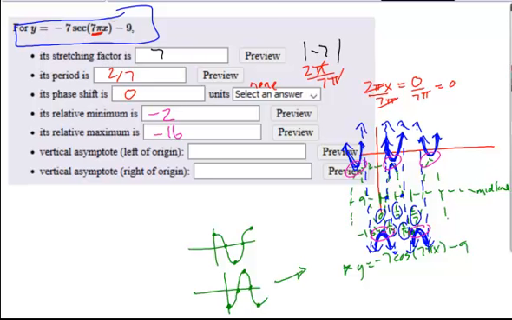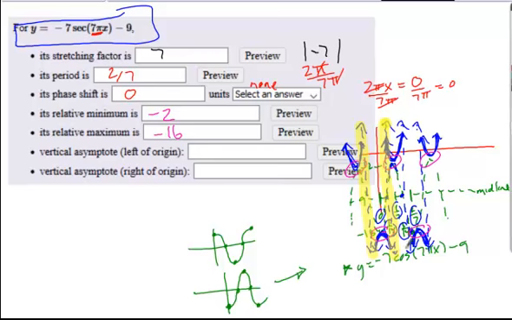Okay? And so the final question asks us to identify the vertical asymptotes. So the vertical asymptote that is to the left of the origin. So here's my origin. The first one to the left is this one right here. So I'm looking for the equation of this line, and then the one to the right of the origin, the first one to the right is this one.